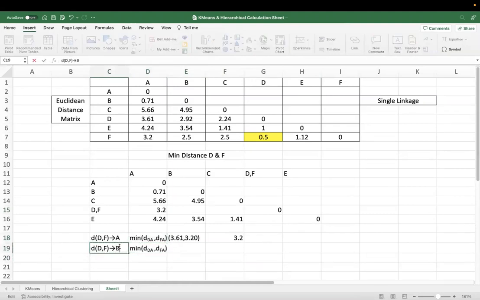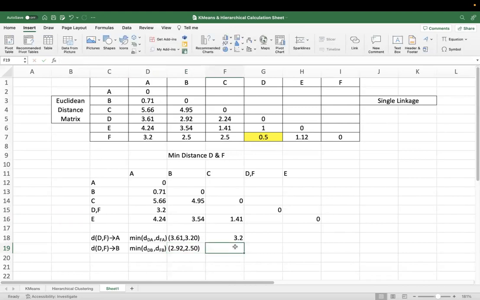Similarly for B, which is DB and FB. DB is 2.92, FB is 2.50, so the min is 2.50. You will put 2.50 here.